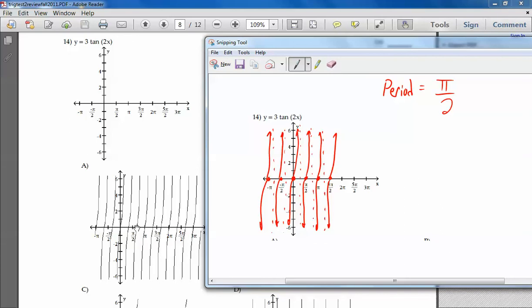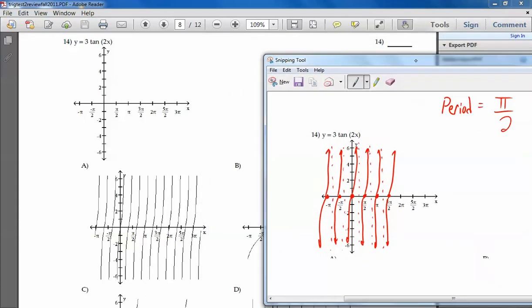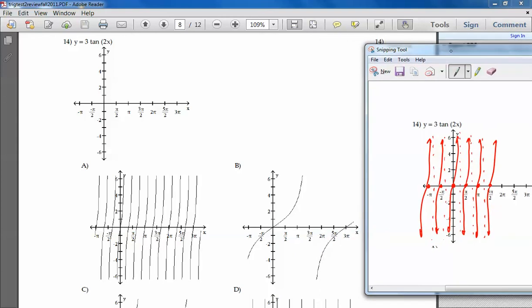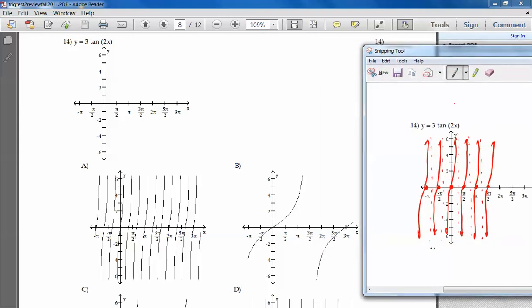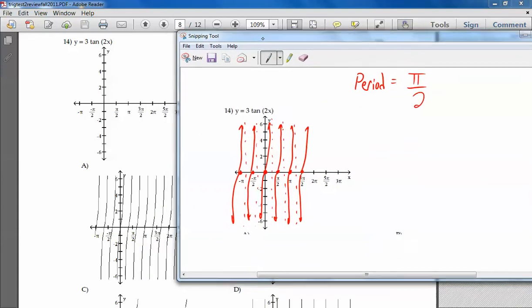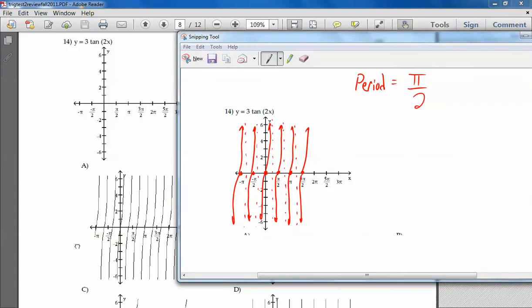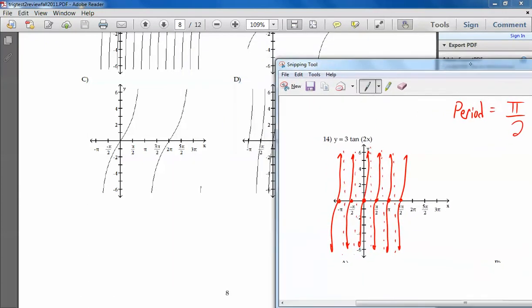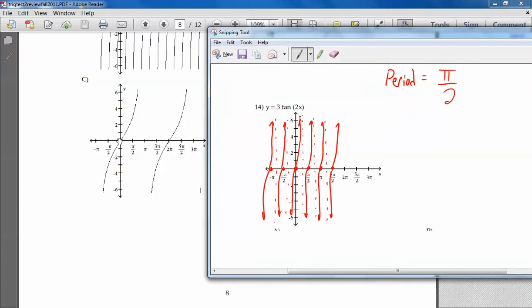Now I think that may be like 3 pi over 4, so that's not our graph. B crosses at 0 and then doesn't cross again until 3 pi, so that's definitely not our graph. C crosses at 0 and then crosses at 2 pi, so that's not our graph.